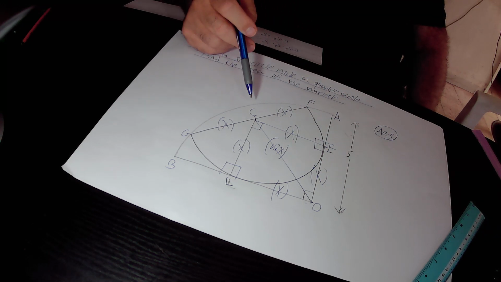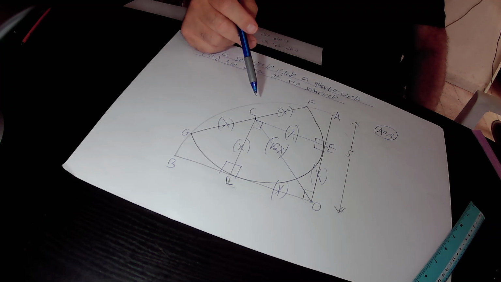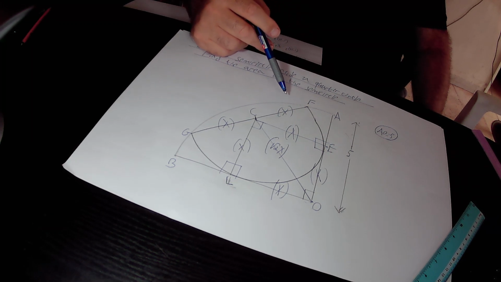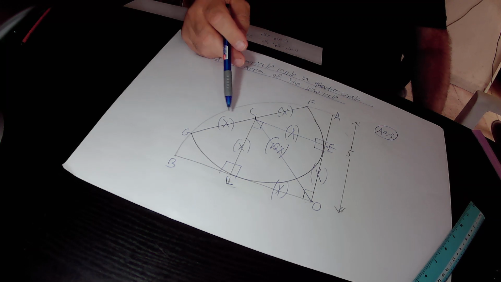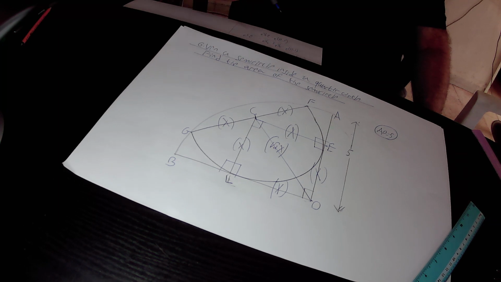Because CG equals CF. So line segment OC bisects chord GF into two halves. Each half equals x. CG equals CF equals x.